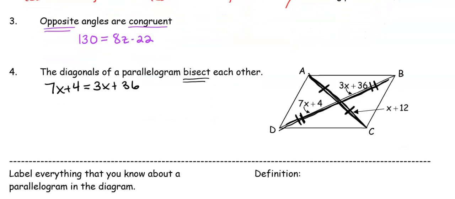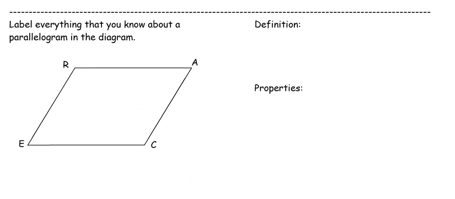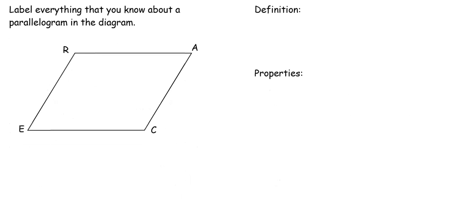So we're just going to look at these same things all on one diagram. So the definition, that's what we started with. It is a quadrilateral, that means 4 sides, with opposite sides parallel.